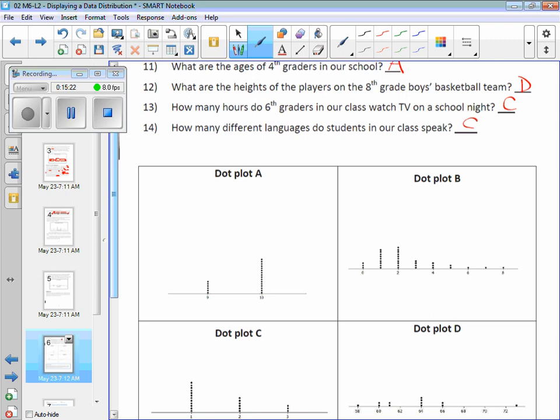It's just the thing that makes it difficult is you got some here that are speaking 4, 5, and 6 different languages. That's weird. All right, so it's arguable. Everybody speaks one language, their own. 14, C. All right, go with C.